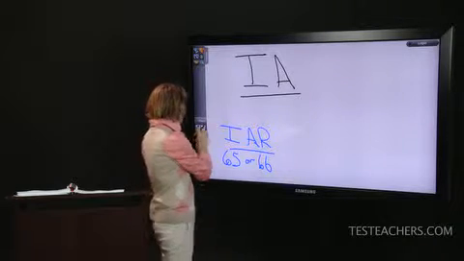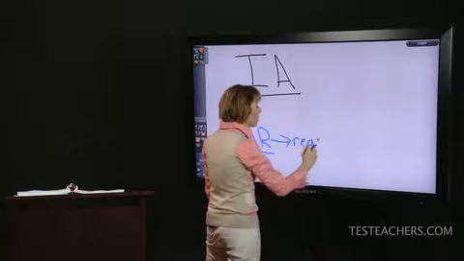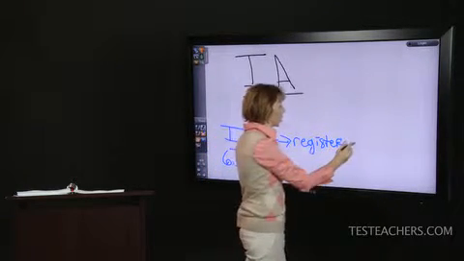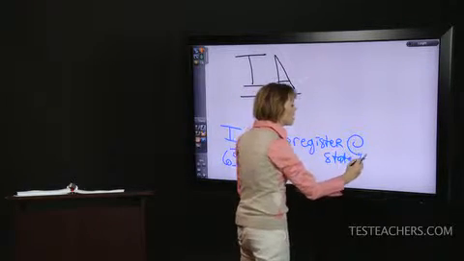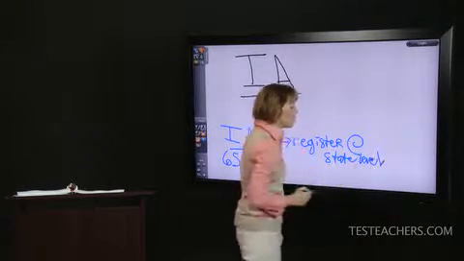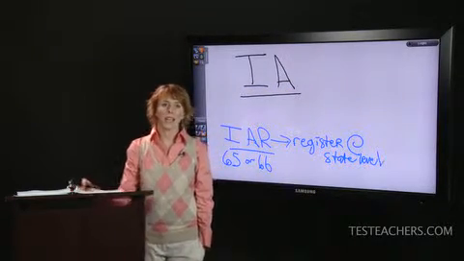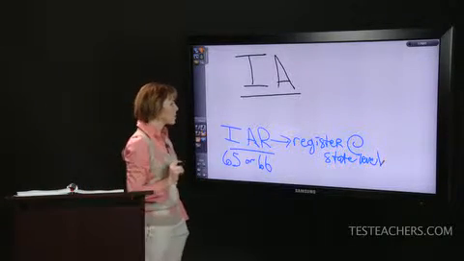As an IAR, you register at the state level. That's the only place that you can register. So you might be registered as an IAR in more than one state. We'll talk a little bit more about that in a minute.